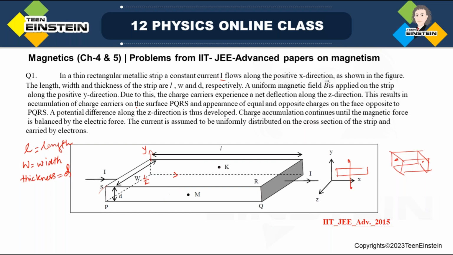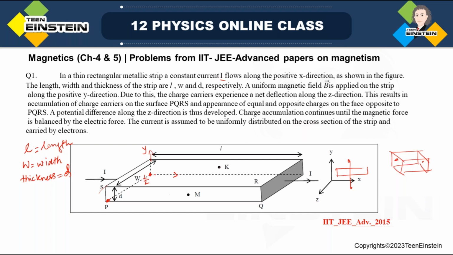So the result is accumulation of charge carriers on PQRS and appearance of equal and opposite charges on the face opposite to PQRS. A potential difference along Z, the Z axis being along the width.